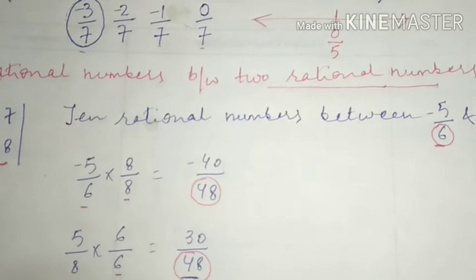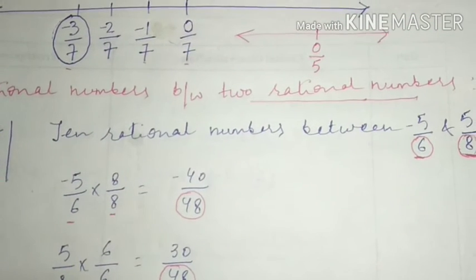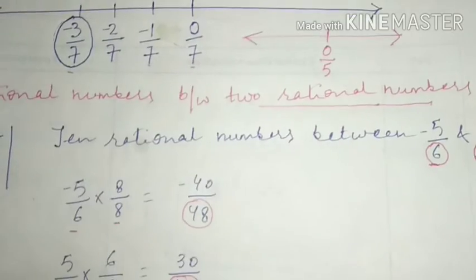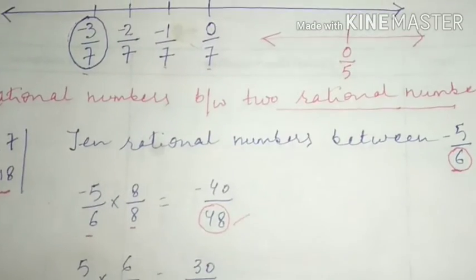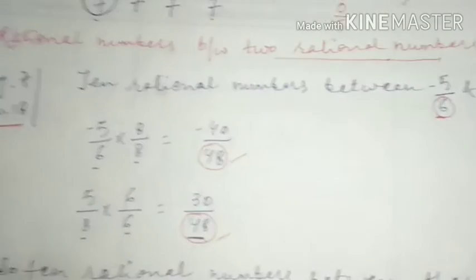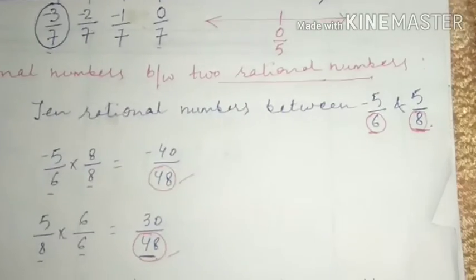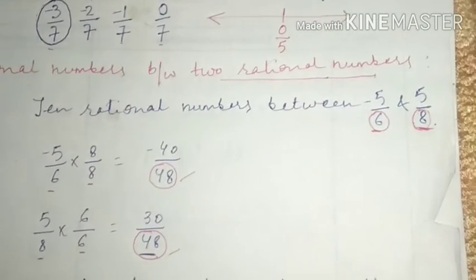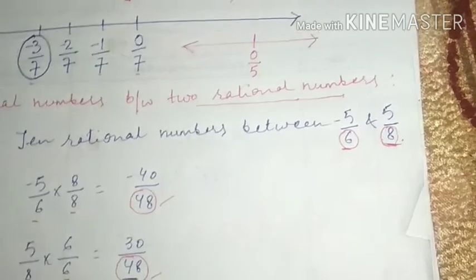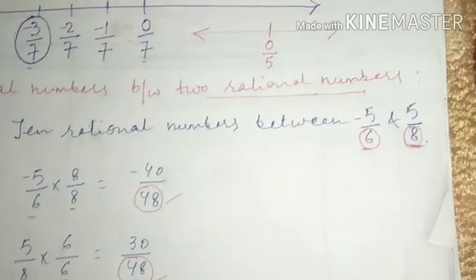So you can easily see that now the denominators of these two rational numbers are the same, that is 48 and 48. So the first thing of finding rational numbers between two rational numbers is you are to make the denominators of those two rational numbers the same. That is the basic thing.